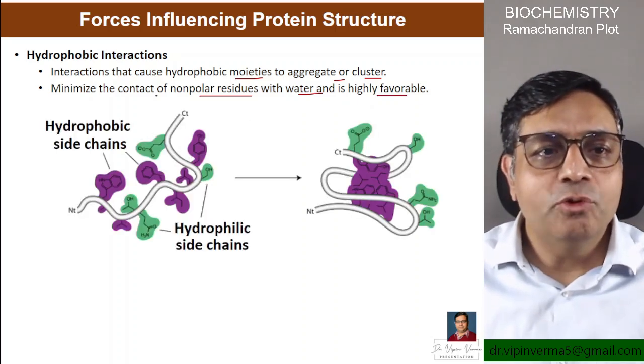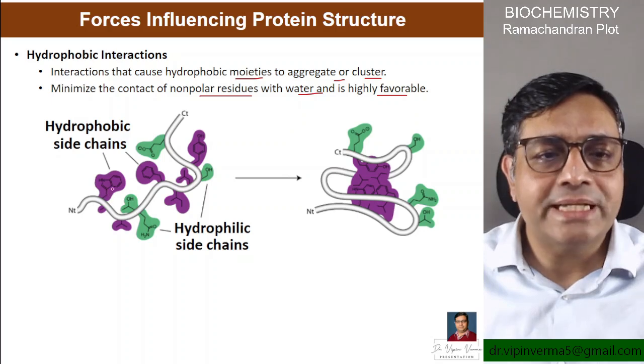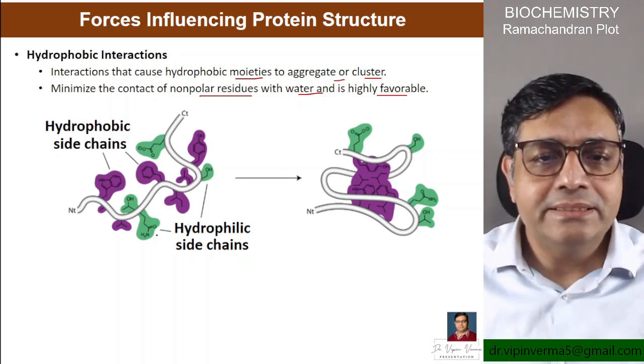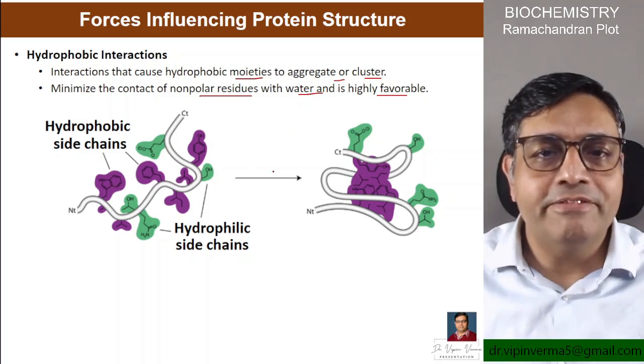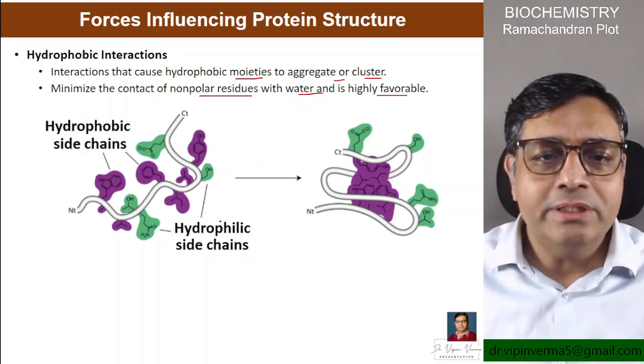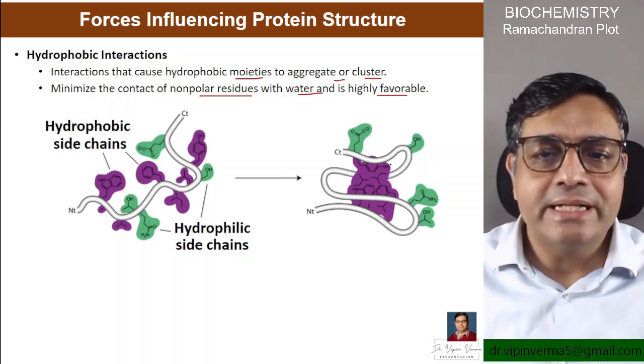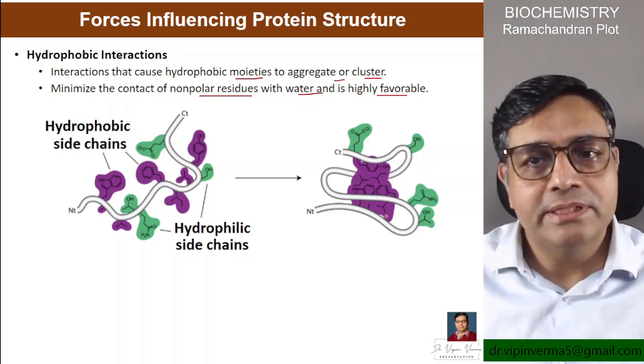Okay, now you can see here, these are the hydrophobic side chains, and these green ones are the hydrophilic side chains. Once they come in contact with water, all these hydrophobic side chains cluster together, so that they minimize the interaction with the water molecules here.